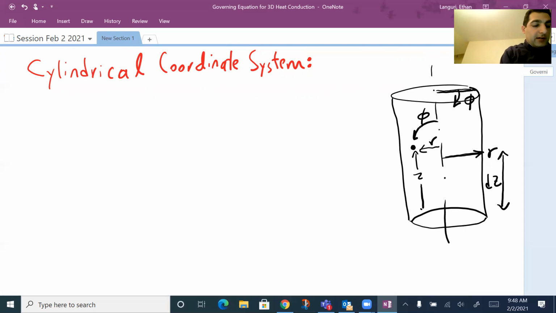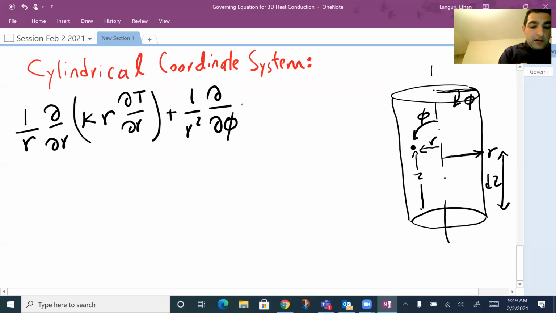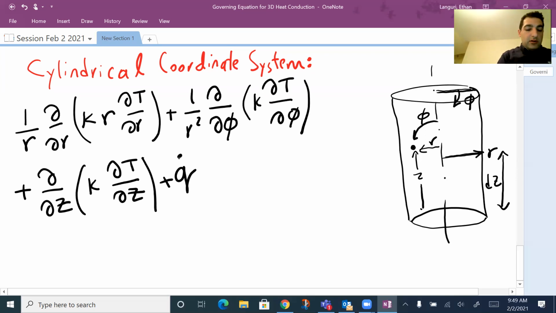So in the final form of cylindrical coordinate system, you will have 1 over r del over del r of k r del T over del r, plus 1 over r squared del over del phi, the angle term, k del T over del phi, plus del over del z, k del T over del z, plus q dot, which is our volumetric heat generation term, is equal to rho c del T over del tau.